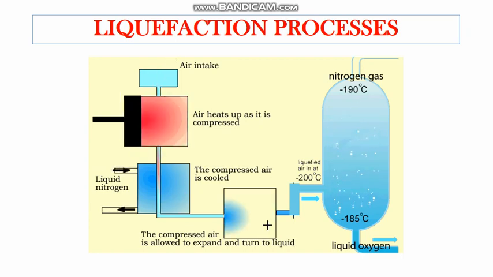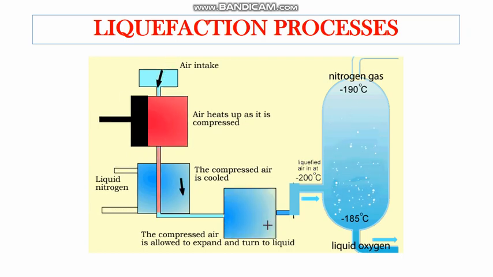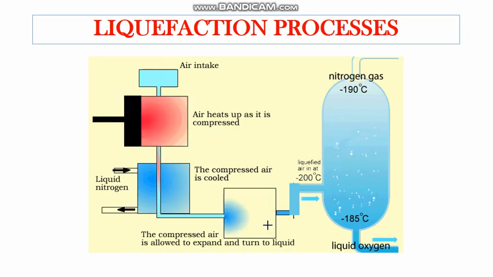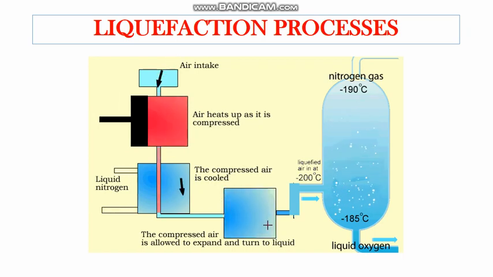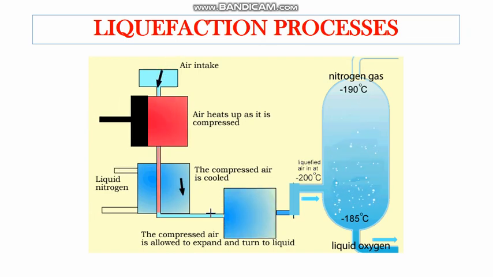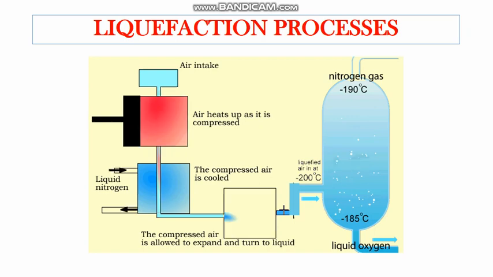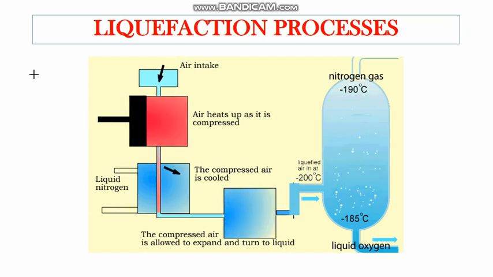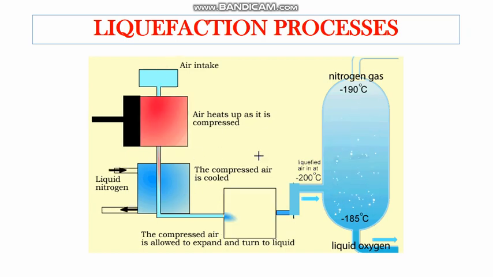It may be a throttling process or an expansion process. In the Linde process, it is a throttling process, that is an isenthalpic process. In the Claude process, it is an isentropic process where an expansion turbine is used. So this step decides whether it is a Claude process or a Linde process.